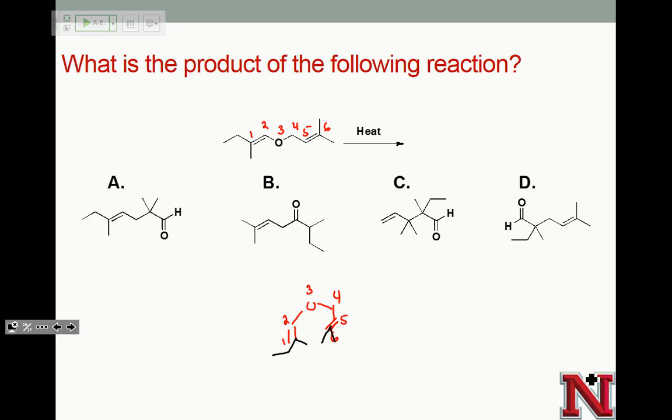All I'm doing is drawing the groups that are connected to carbons 1 and 6, but they're just hanging out. So the ones in red are the ones that are actually reacting. So carbon 1 and 6 is going to be where our new sigma bond is.